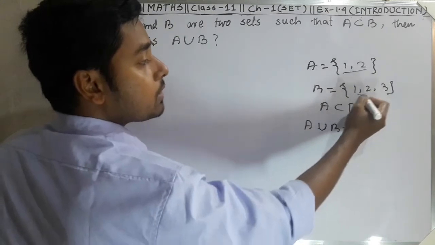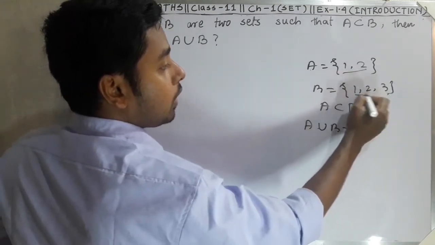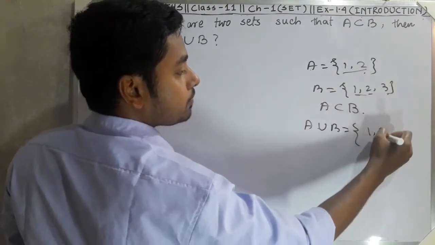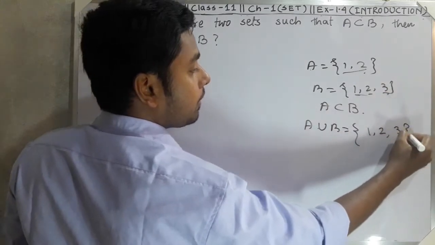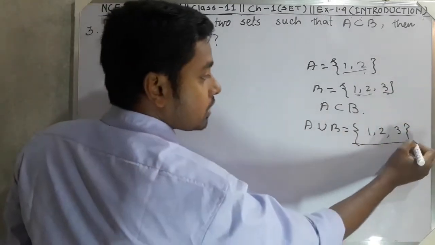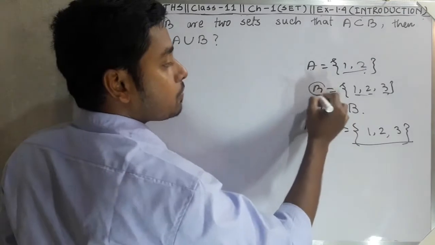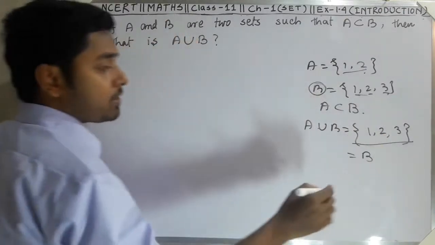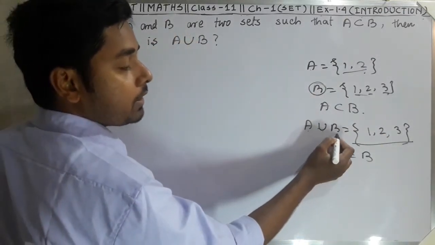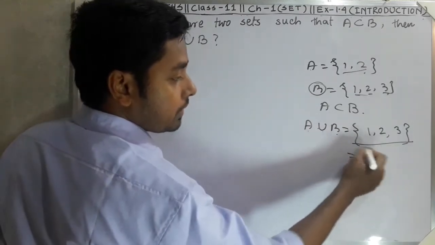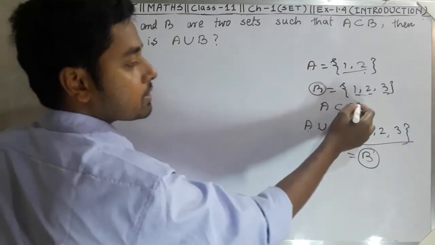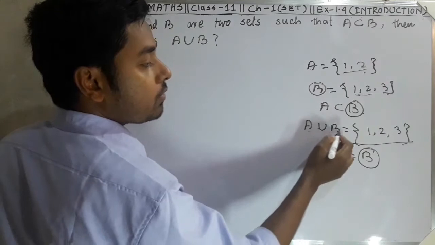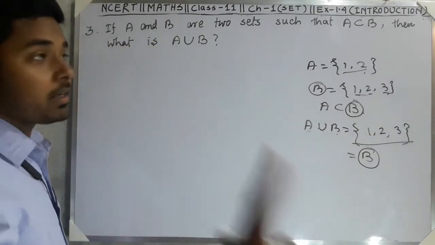A union B means what? We have to take 1, 2, the common elements, and 3. Now {1, 2, 3} means which set it is? That means B. So that means we can write A union B is equal to the biggest set between these two sets. Is that clear?